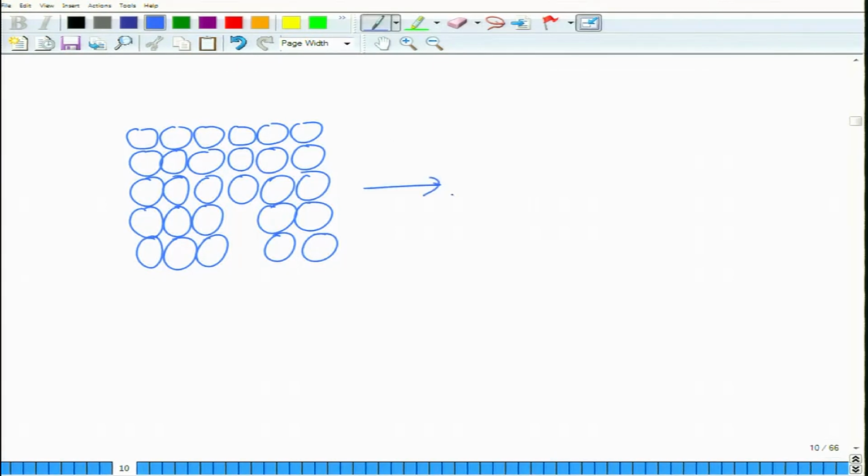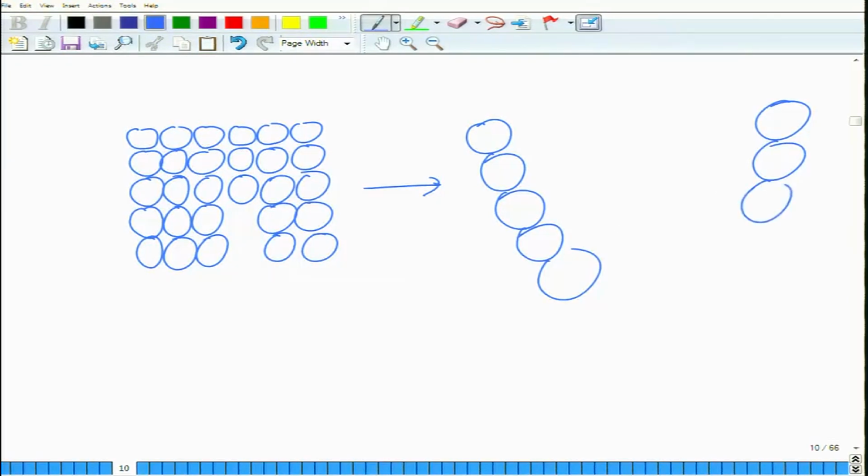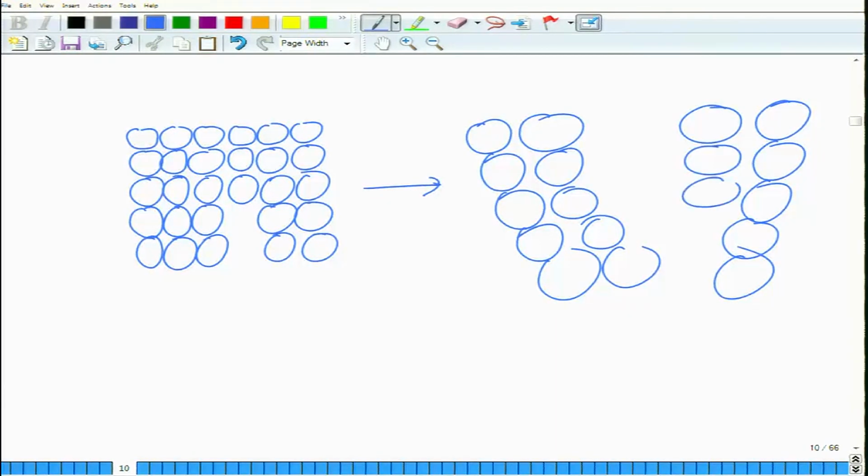So you will have distortion like this, and then in between you will have these atoms. So this is an extra row of atoms.